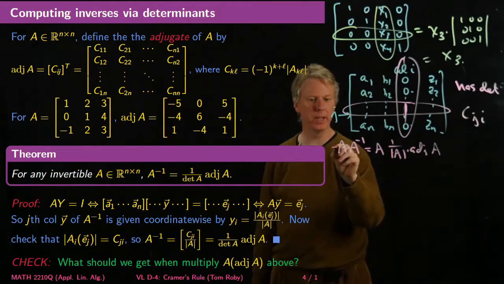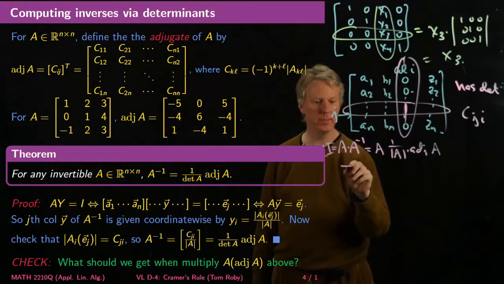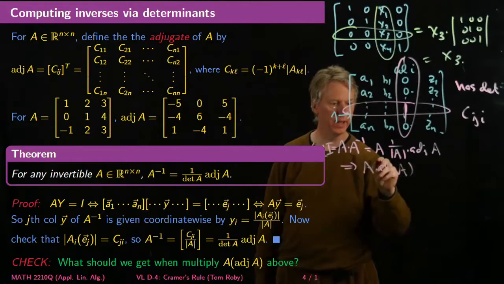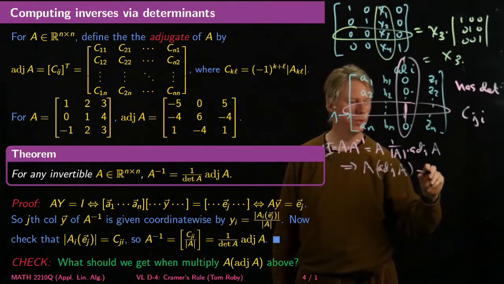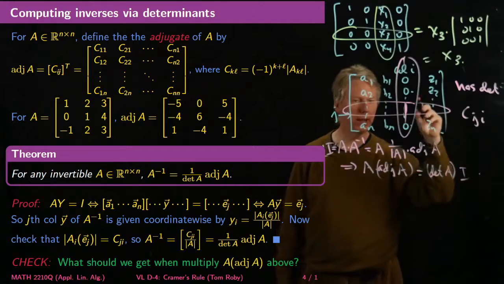This just becomes the identity. So that means that A times the adjugate of A is just equal to the determinant of A times the identity matrix.